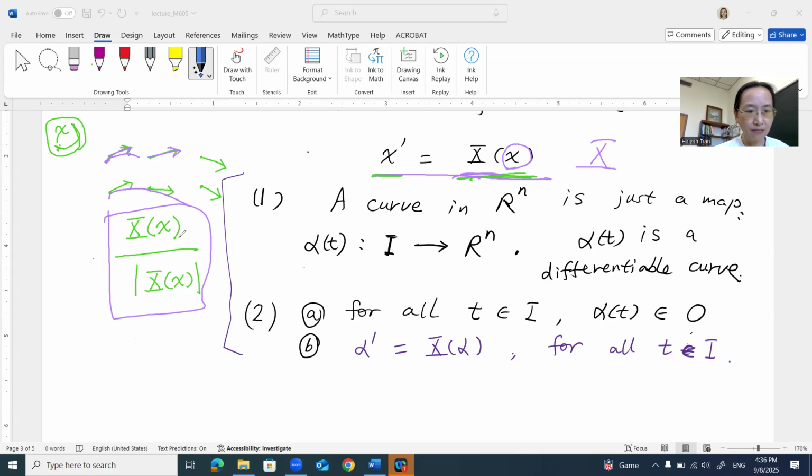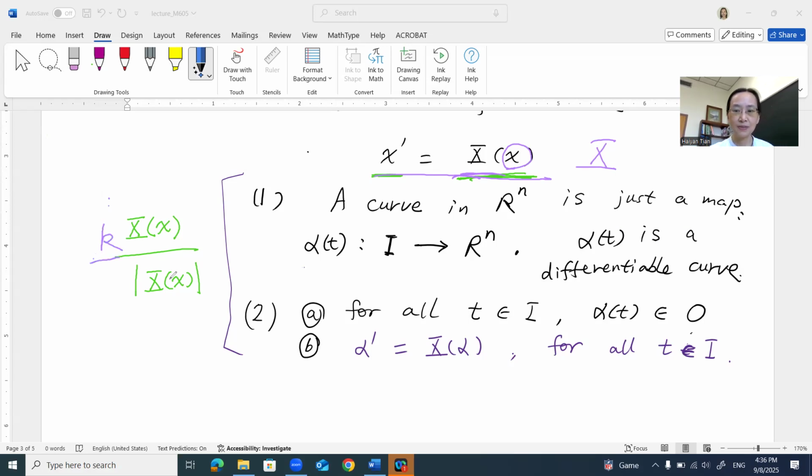You can even scale it by multiplying this unit vector by a k, so each vector in the vector field portrait will have length k.